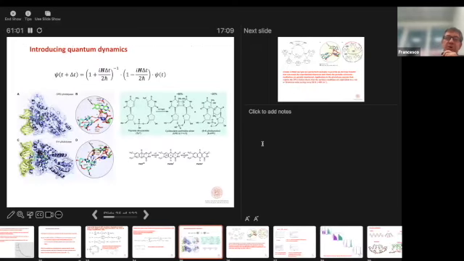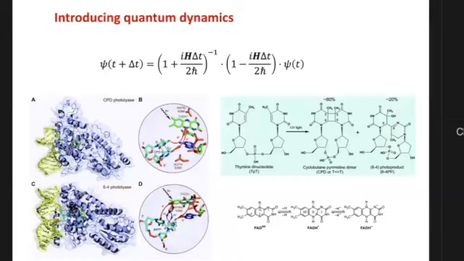Okay, so let me give you some examples from my background, two examples. One is about quantum dynamics. I've not introduced quantum dynamics per se, but the point is quite important. If you go to the holy textbooks, they will give you the principles, or the postulates, or call them whatever you want, of quantum mechanics.